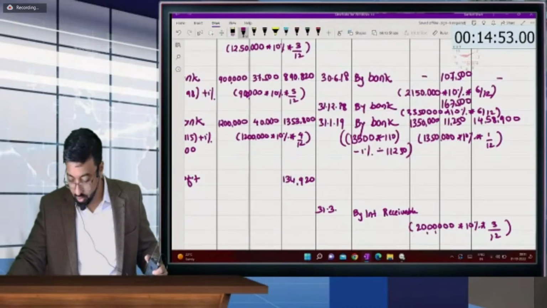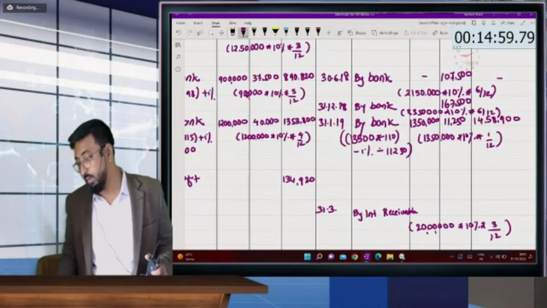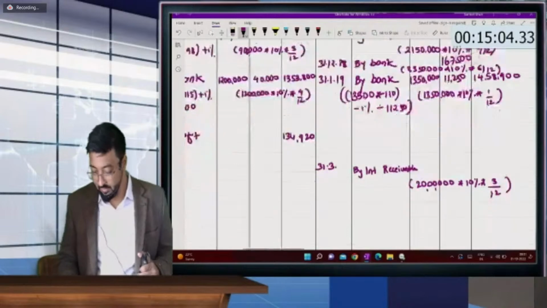Yes, I forgot that, so that's why one line is important.